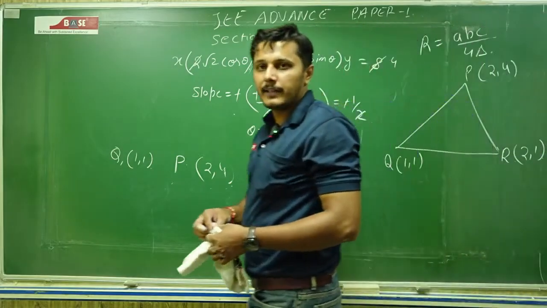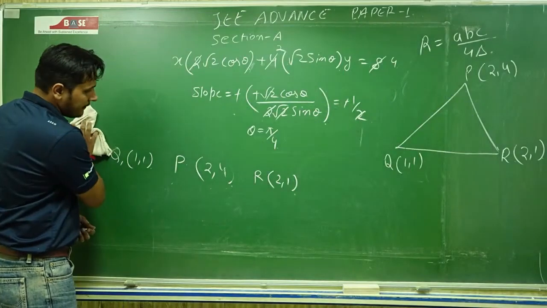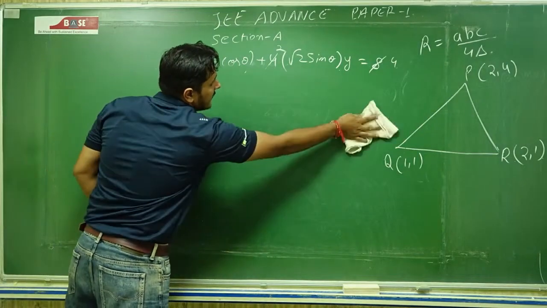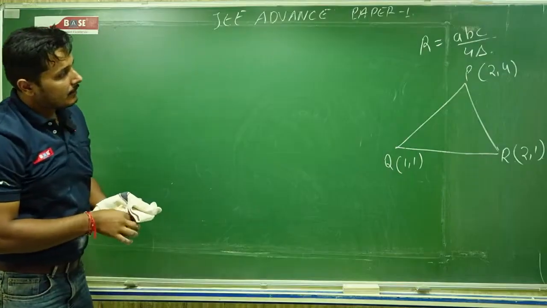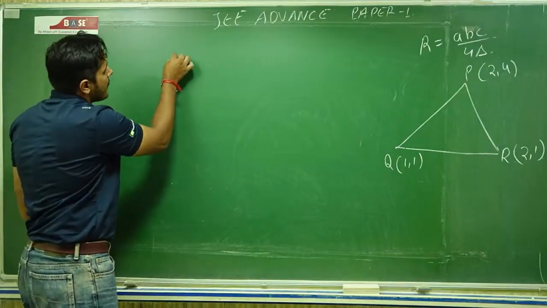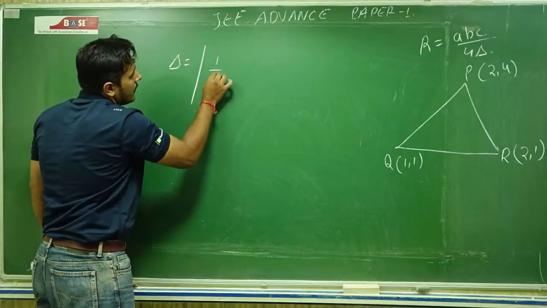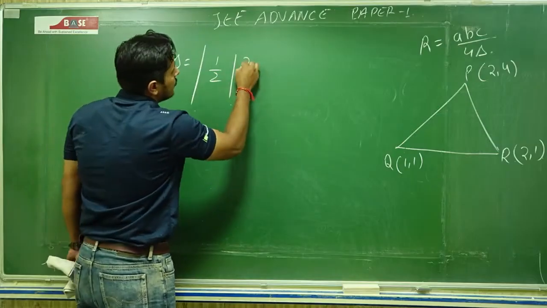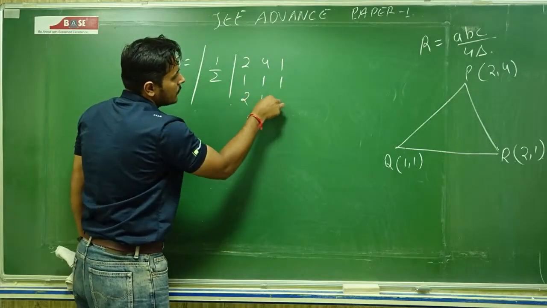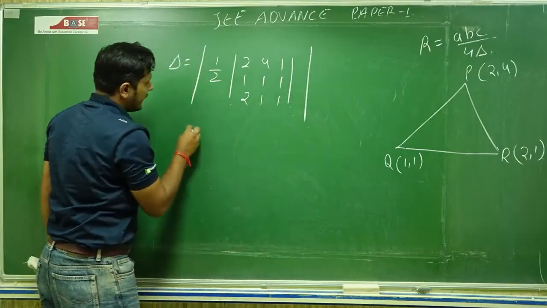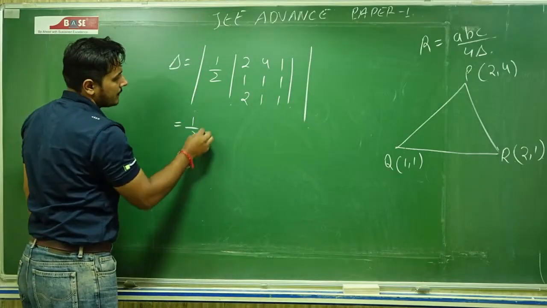So area formula we can use. What is the area formula? If all the 3 coordinates are known to us, then area formula is mod half using determinant. So 2, 4, 1, 1, 1, 1, 2, 1, 1. The determinant of this, positive only.